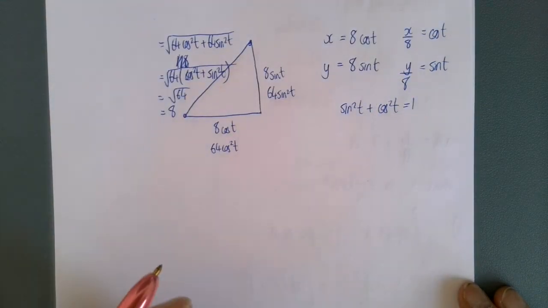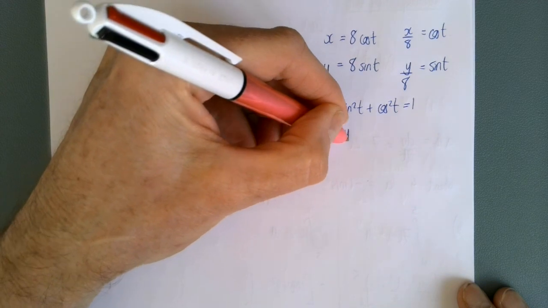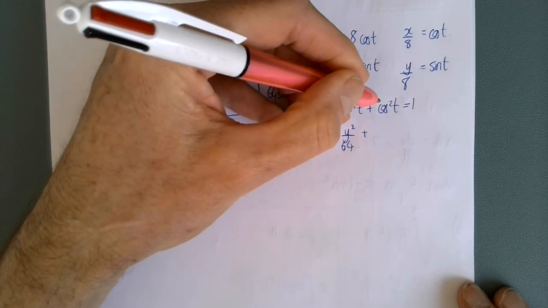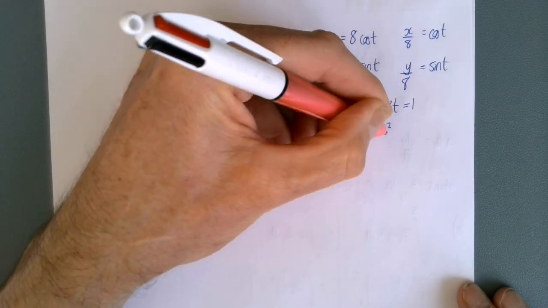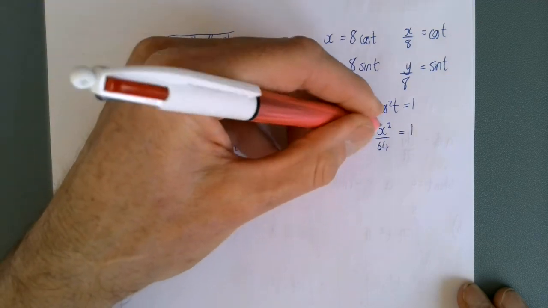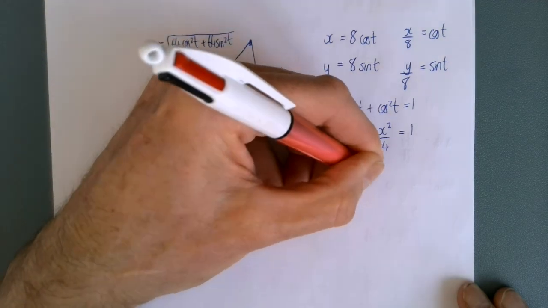That's my identity that I've picked because I've got cosines and sines. So sine squared t will be y squared over 64, and cos squared t is x squared over 64. I hate the fractions, and I'm going to switch my x's and y's around.